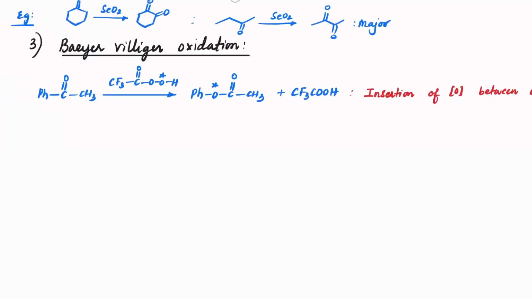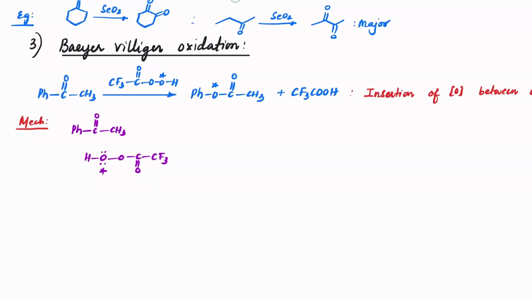So check out the mechanism. How is this happening now? If you have PhC double bond O CH3, this is how it is. And now we have HOO C double bond O, let's say CF3 here. This is the way it is, right? This is a localized oxygen, the star oxygen, but it has localized electrons.